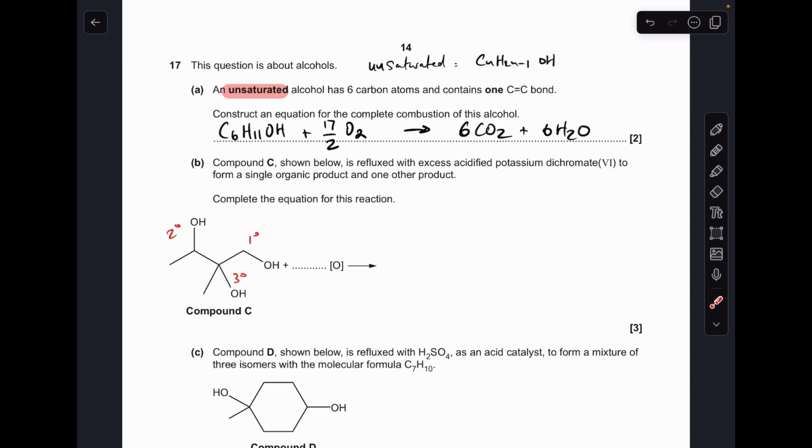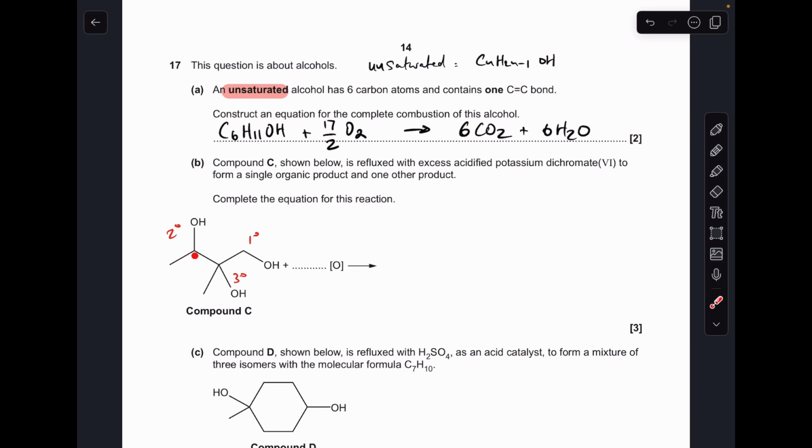Moving on to part B, you'll notice I've highlighted the type of alcohol groups we've got in compound C, and we've got all 3 types. We've got a secondary alcohol here, tertiary here, primary here. The important thing to notice is this compound C is refluxed with excess acidified potassium dichromate(VI), which is obviously the oxidizing agent.